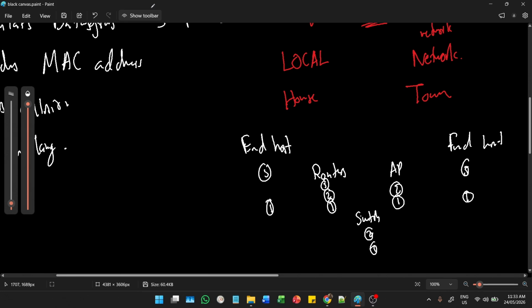So what does this mean? Well, an end host goes all the way up, encapsulates and then decapsulates all the way towards the network layer. Here what happens is it removes the MAC address and changes it to the specific device that it should go to. Again, it goes towards the switch, it removes the MAC address and changes it, and so forth.